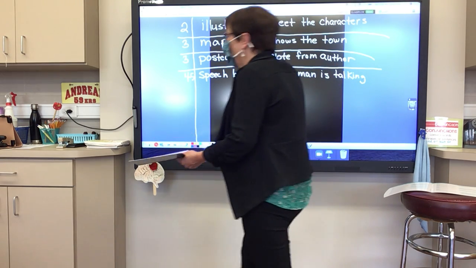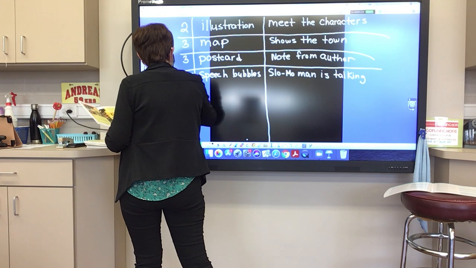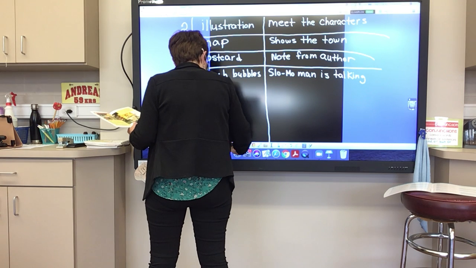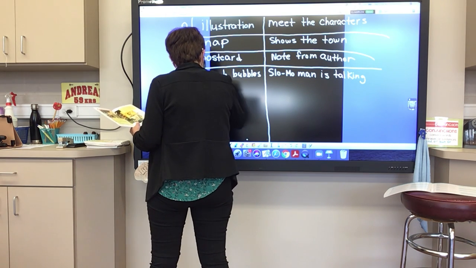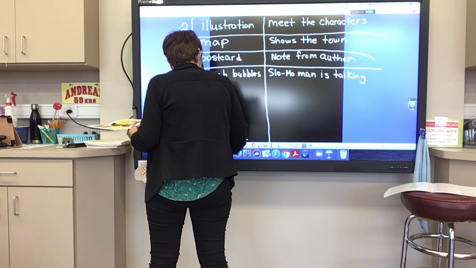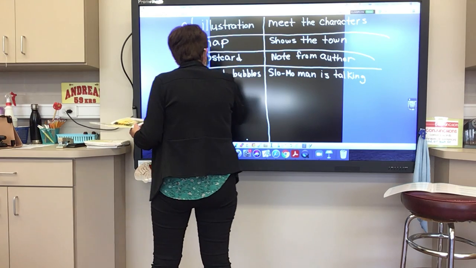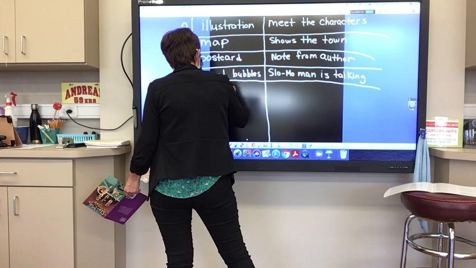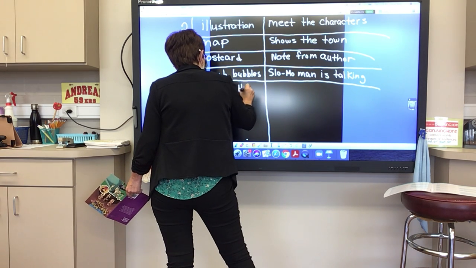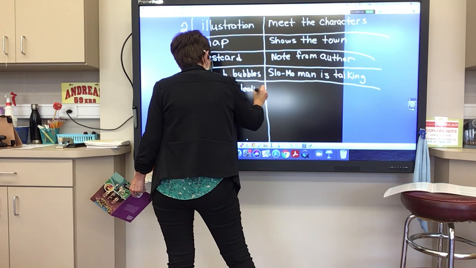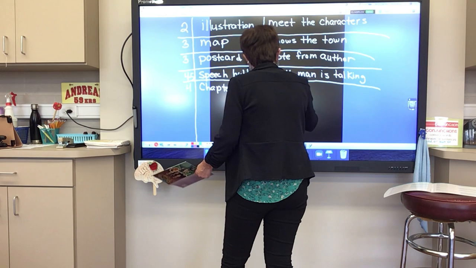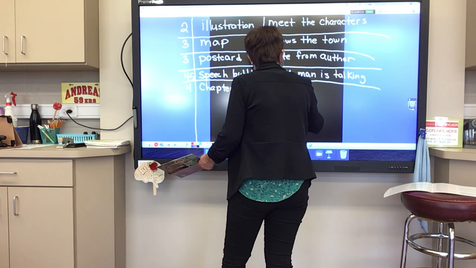And then we have got bold on page 4. Bold, we have chapter headings. And so the chapter headings are bold, colored print.